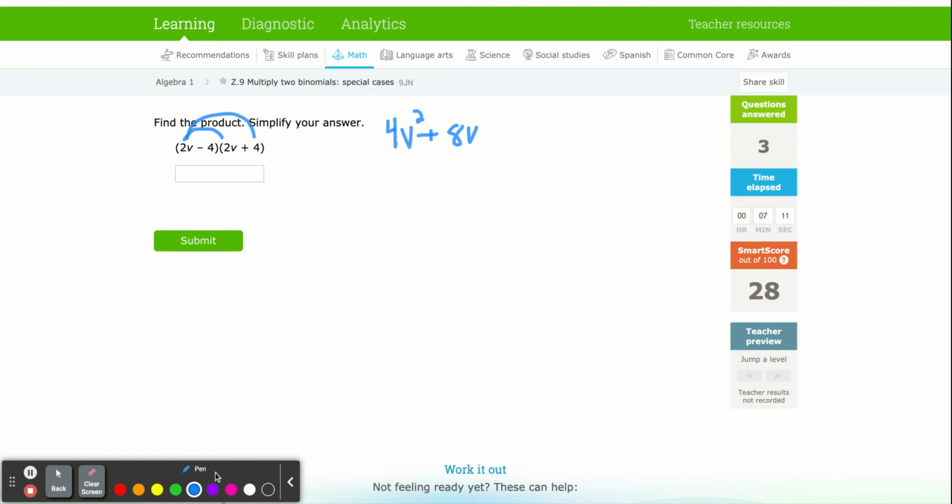Then I multiply last times first and last times last. That gives me the minus 8v and the minus 16. Those two middle terms are the same, except one's positive, one's negative. They cancel, and it leaves me a 4v squared minus 16. And that's what I type in.